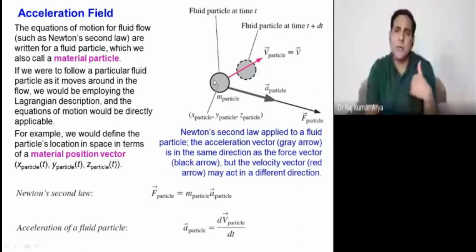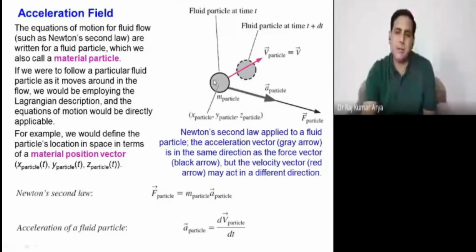That means your fluid is having acceleration. It could be acceleration, it could be deceleration. If the magnitude of a particular parameter is decreasing with respect to time, that is deceleration; if it is increasing with respect to time, then it is acceleration. Both are possible there.